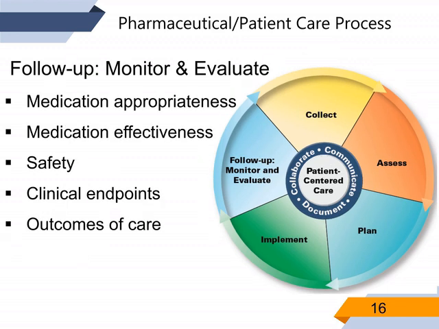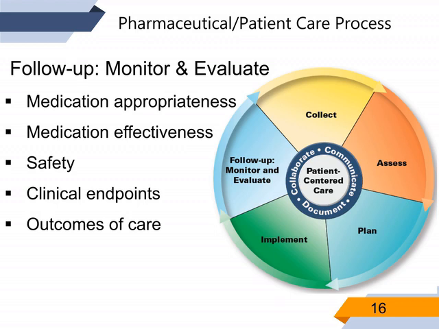After implementation of the plan, the pharmacist monitors and evaluates the effectiveness of the care plan and modifies the plan in collaboration with other healthcare professionals and the patient or caregiver as needed.